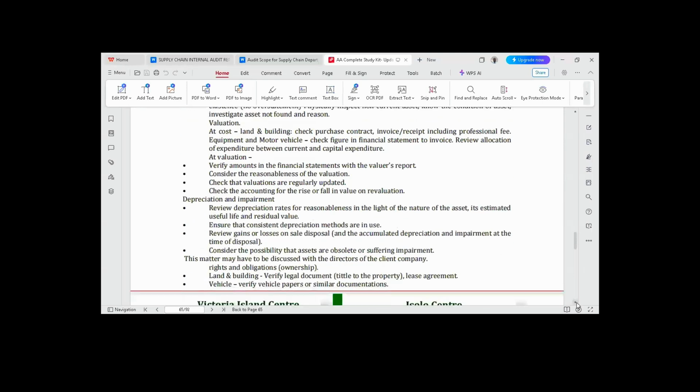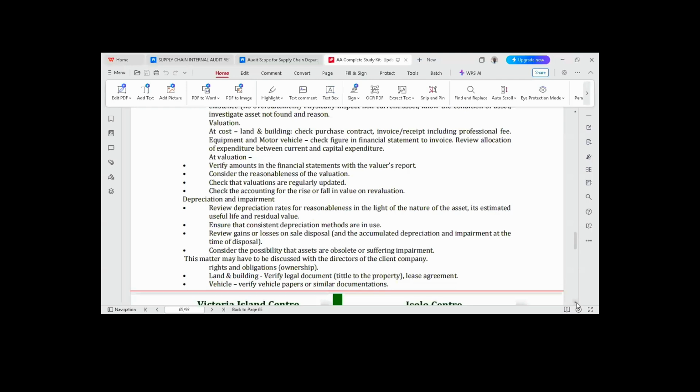In case of assets valued at cost, if you are looking at it from the angle of depreciation, you are going to review the depreciation rate for reasonableness in the light of the nature of the asset, the useful life, and the residual value. So, for instance, motor vehicle is usually 4 years.